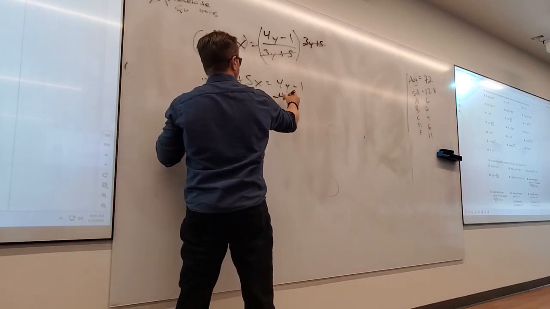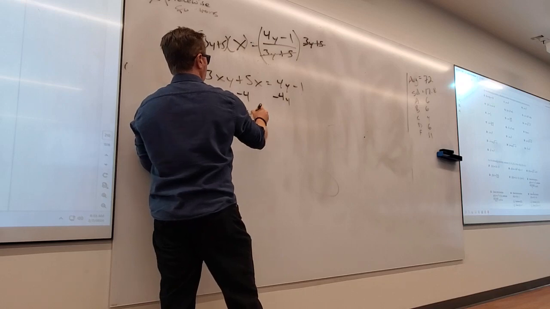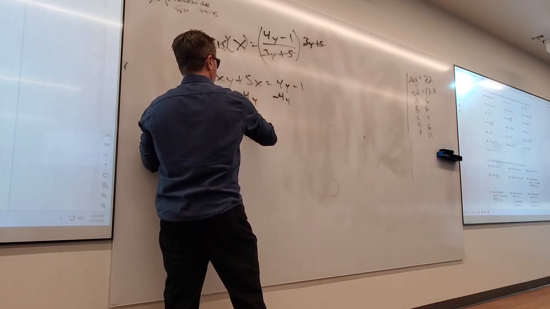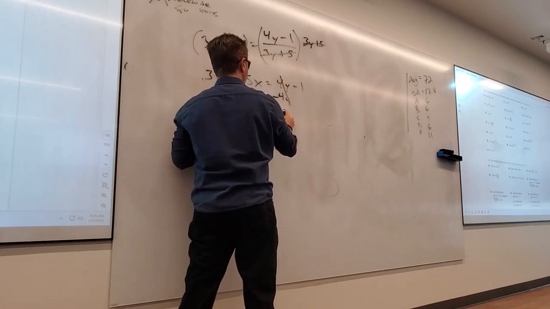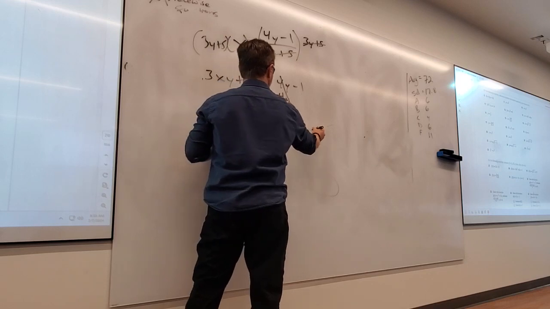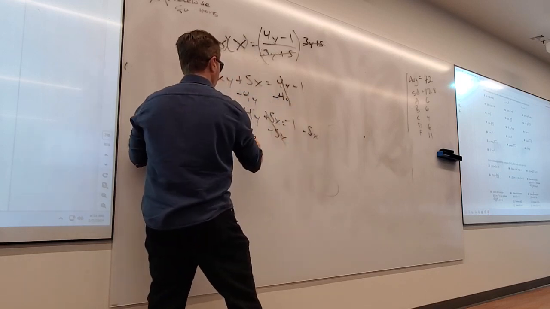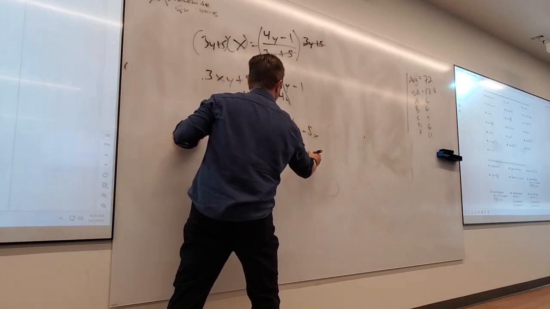So let's say I want to subtract 4y. Great, now this y stuff is together. Oops. What's still in the wrong place? 5x. Yeah, so now I just subtract 5x. So now I've got 3xy minus 4y equals negative 1 minus 5x.